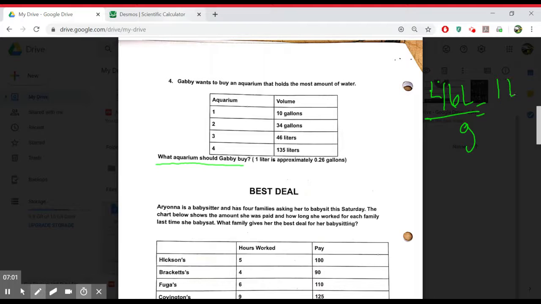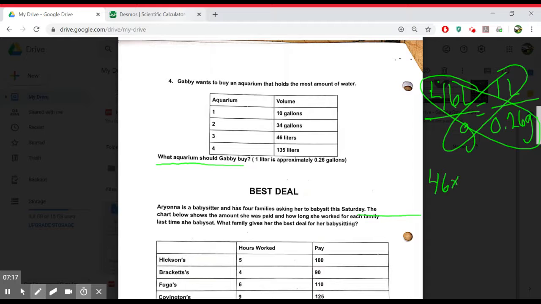1 liter is the same as 0.26 gallons. So if I cross multiply, I have 46 times 0.26 is equal to 1 n.